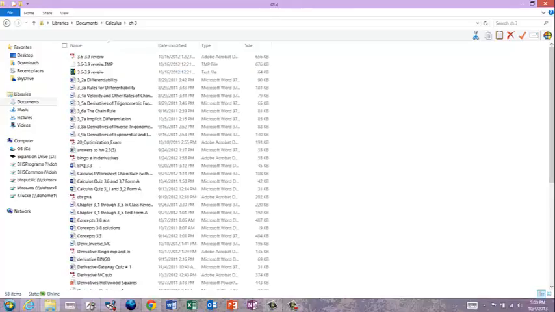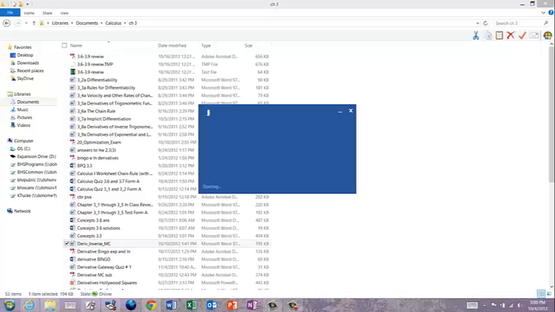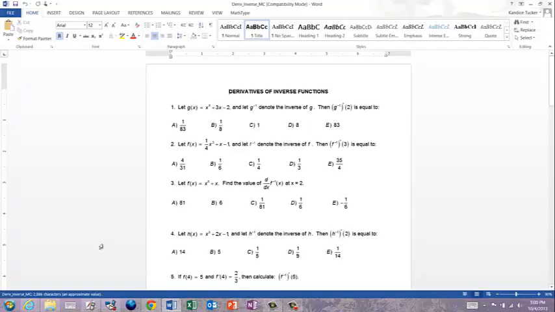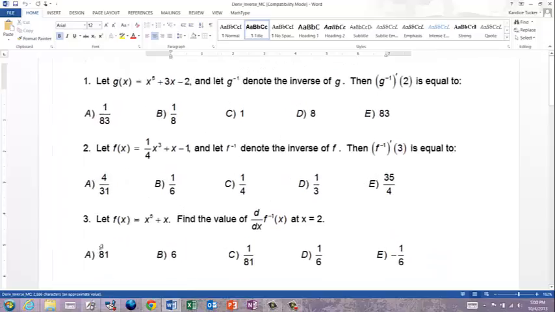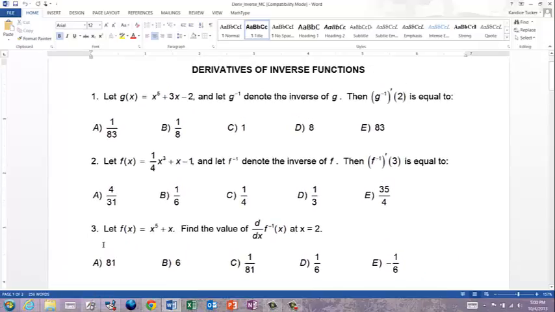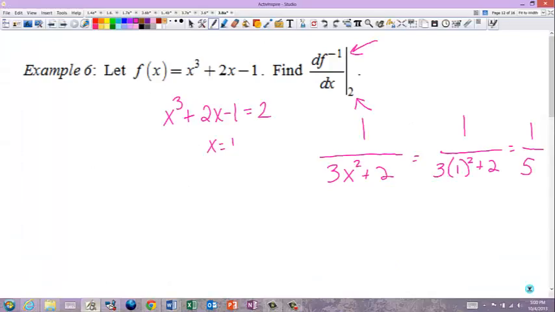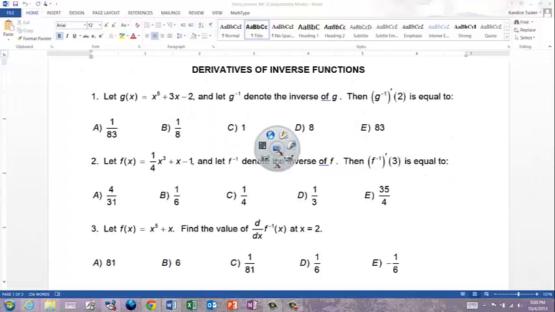Looking for derivatives of inverses. Do you see that anywhere? Of course you don't. You're not here. Derivatives of inverses, multiple choice. This sheet. It's somewhere in your packet, Jimmy. I'm not sure if it's the very, very next one, or not.